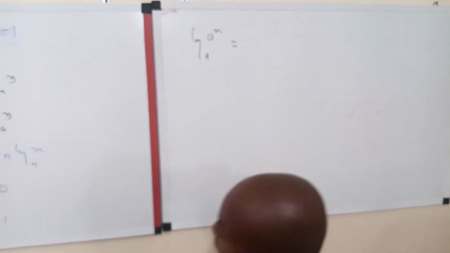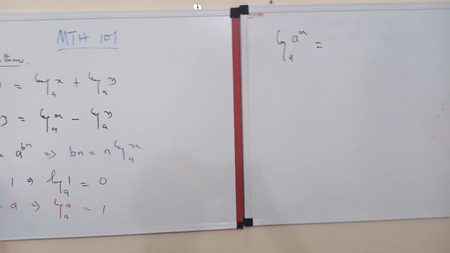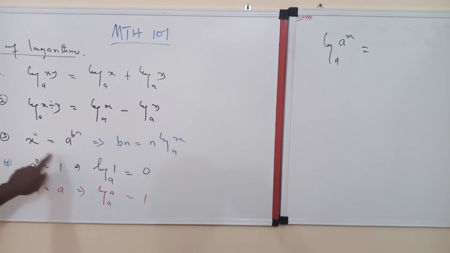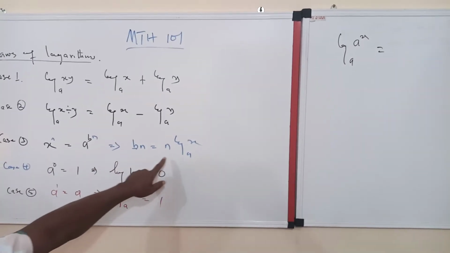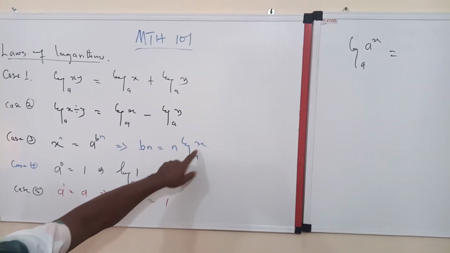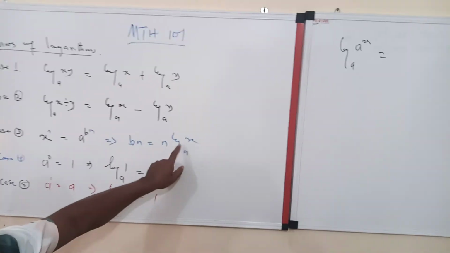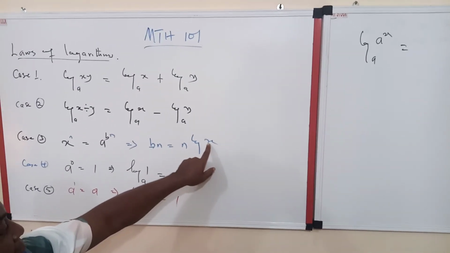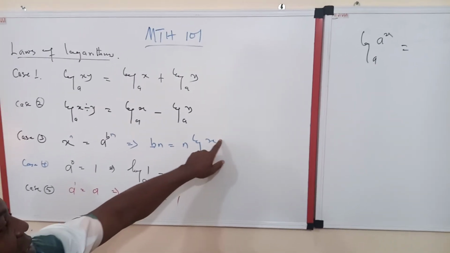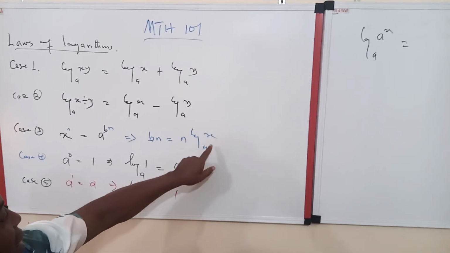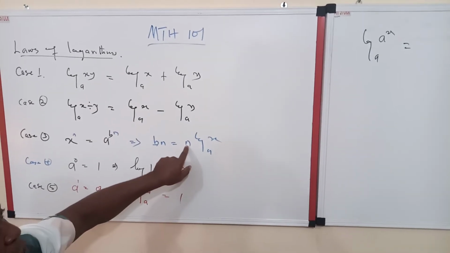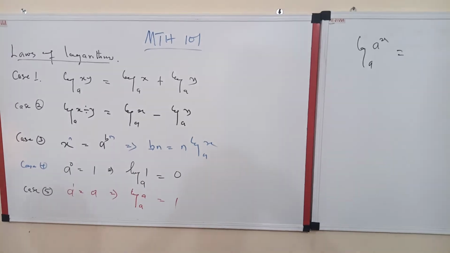If we can remember, in our case 3, we were told that if we have the log of a number where the number is in terms of a power, that is equal to the product of that power and the log.